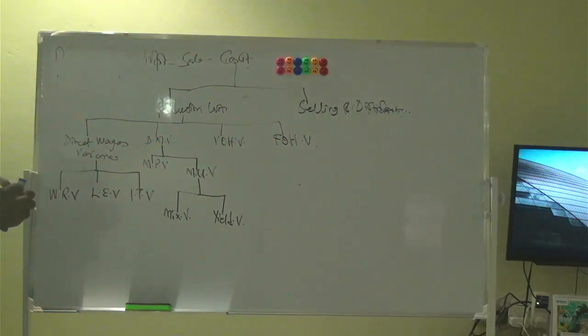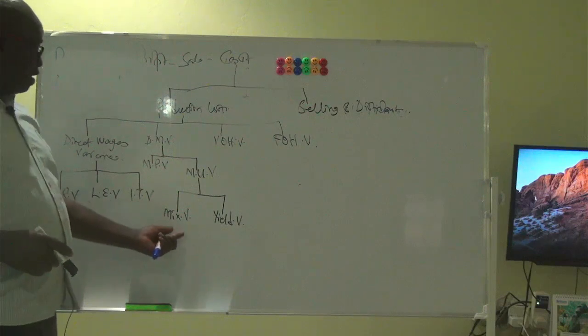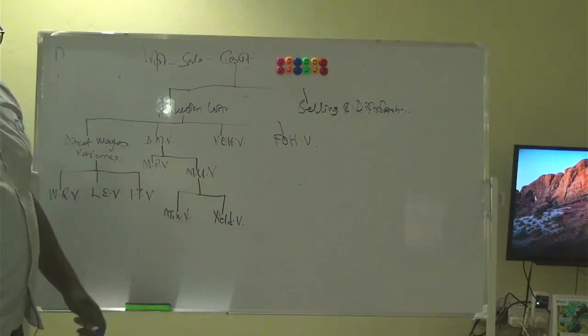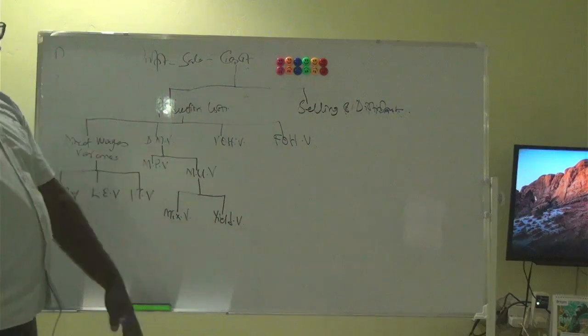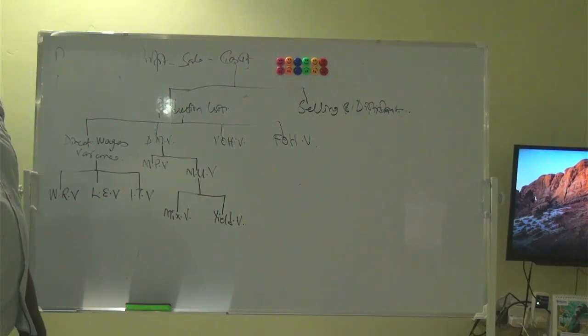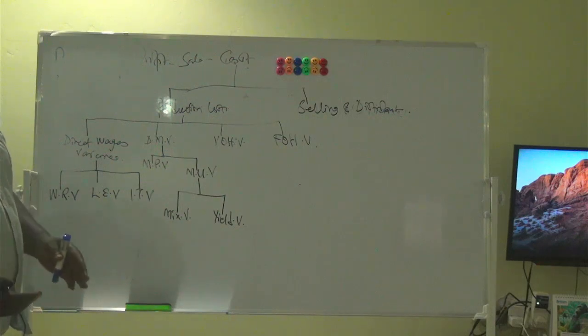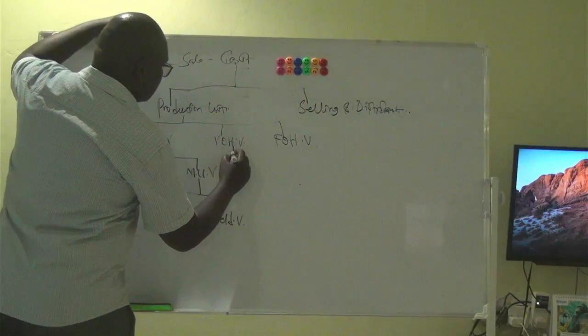So the material usage variance can have a component of a mixture variance, and then the yield variance at the end of the day. Then the variable overhead and the fixed overhead, we will be talking about expenditure variance and efficiency variance for this particular one.